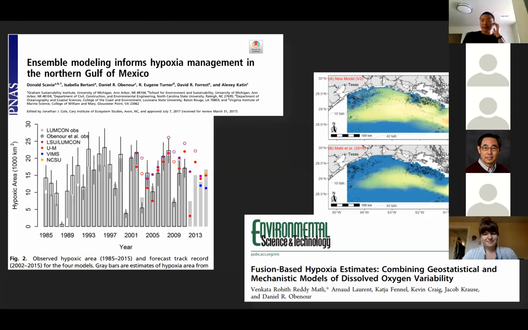But further, at the current stage, this research is still at a preliminary analysis stage. So for the next steps, first, we need to compare with other people's research. They are using biological models or geospatial models to simulate and generate the dead zone maps. So we can compare our method with them and then tune our model.